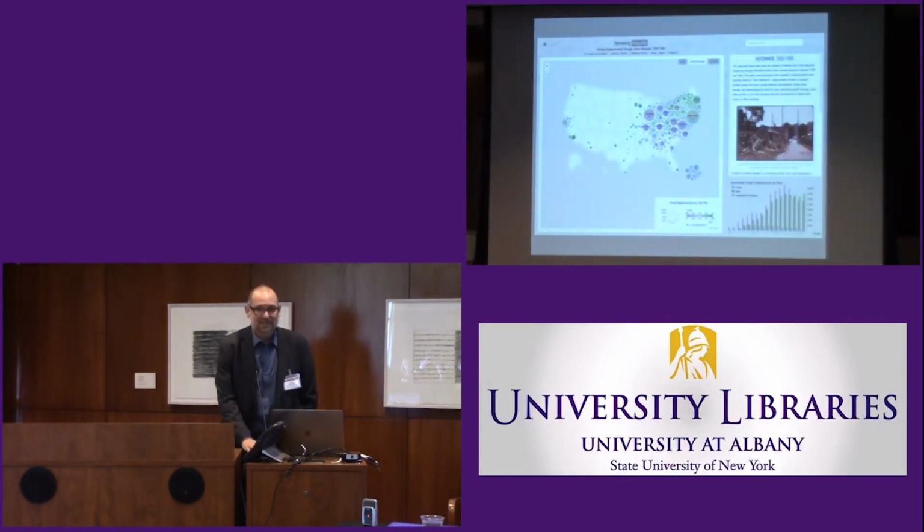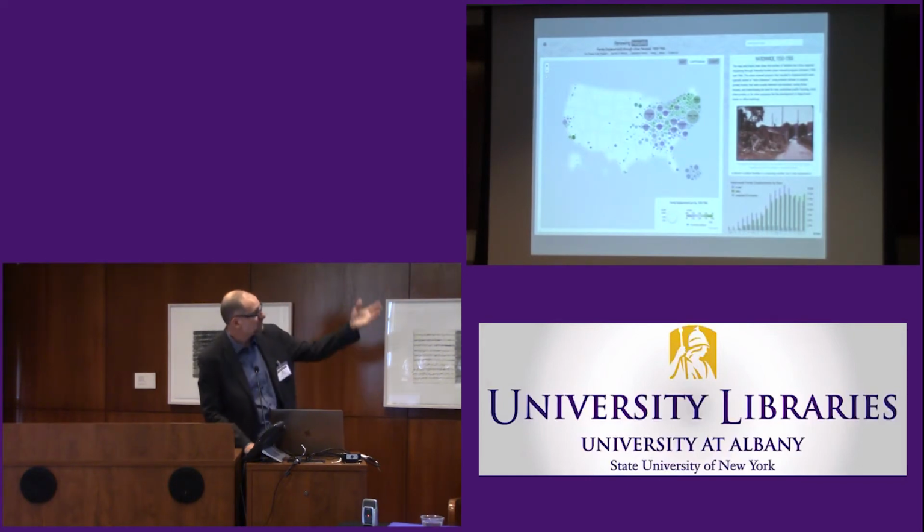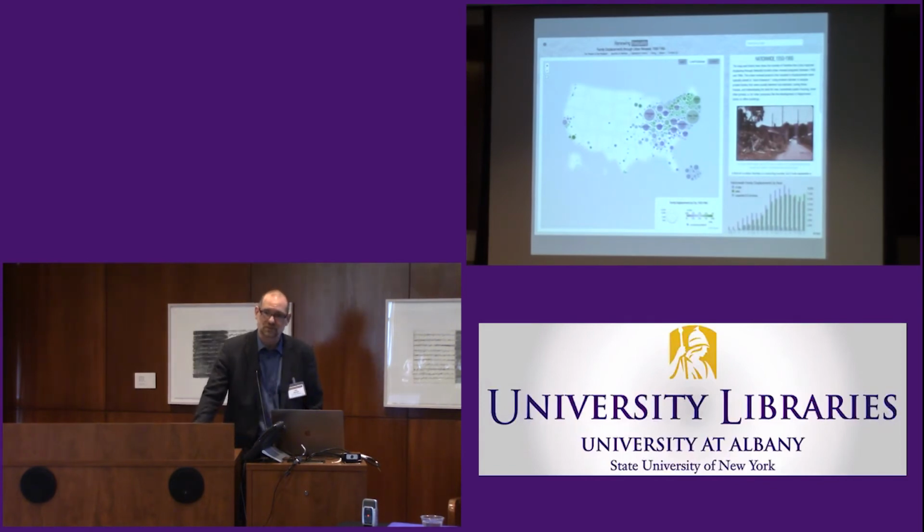Okay, where I'm going to end is kind of where we began, which was talking about housing policy, housing and urban policy in the 20th century, and particularly the racial dimension of this. So this is a screenshot of Renewing Inequality, which was our sequel of sorts to Mapping Inequality.